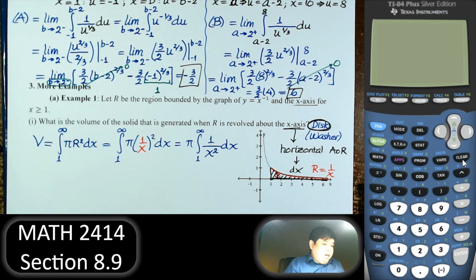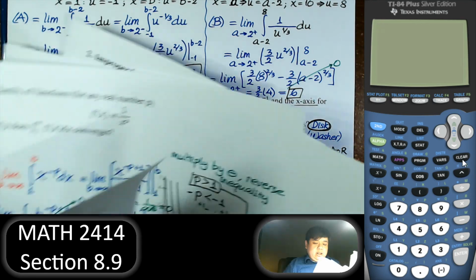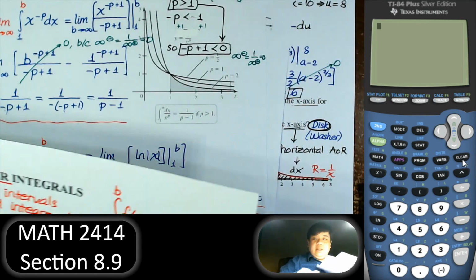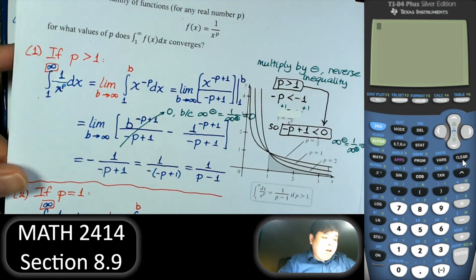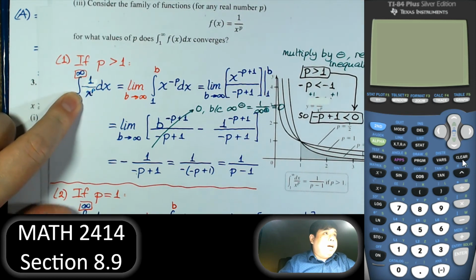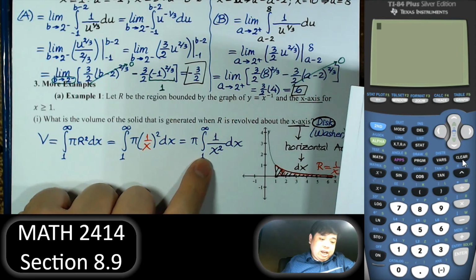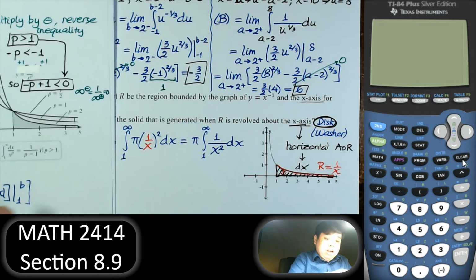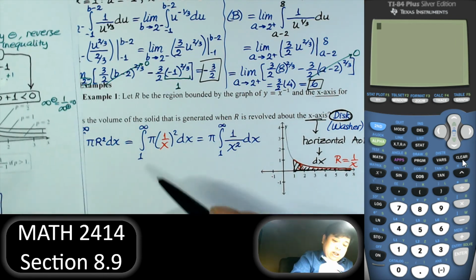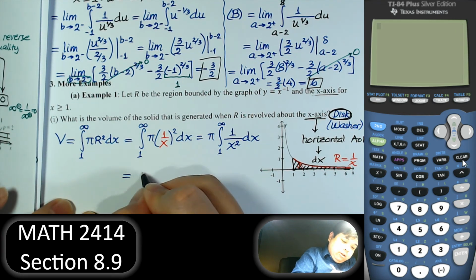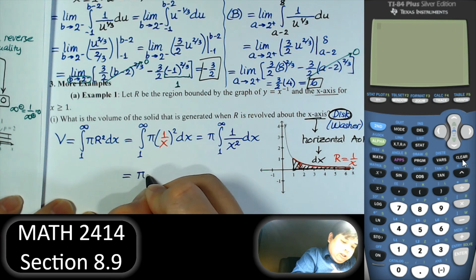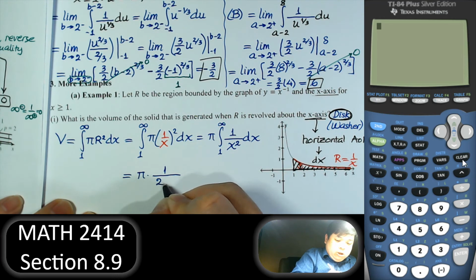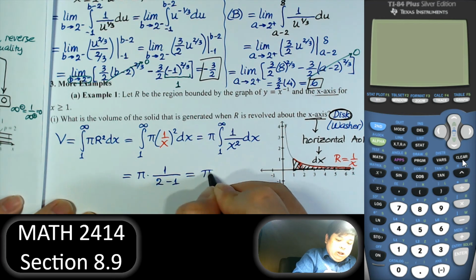Of course, we can do the improper integral like we did before, but actually we did something similar. In general, if p is bigger than 1, in this case p is equal to 2, so that's certainly bigger than 1. From that example, we can say this equals pi times 1 over 2 minus 1, so this is equal to pi.